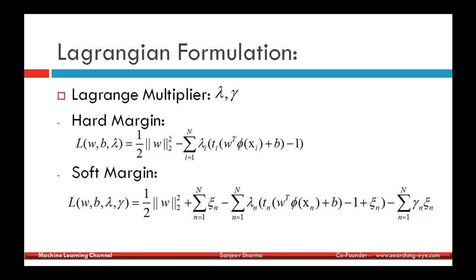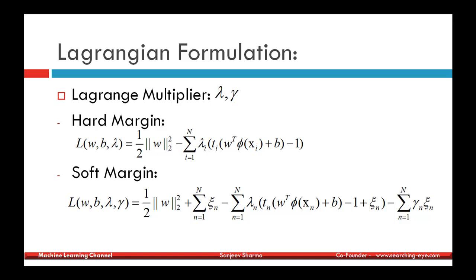Lambda is a Lagrange multiplier, also known as a dual variable, and for the soft margin problem it is this, where lambda n is the nth Lagrange multiplier associated with the inequality t n times (w transpose phi(x n) plus b) greater than or equal to 1 minus eta n, and gamma n is a Lagrange multiplier associated with the inequality eta n greater than or equal to 0. So this is the Lagrangian function.